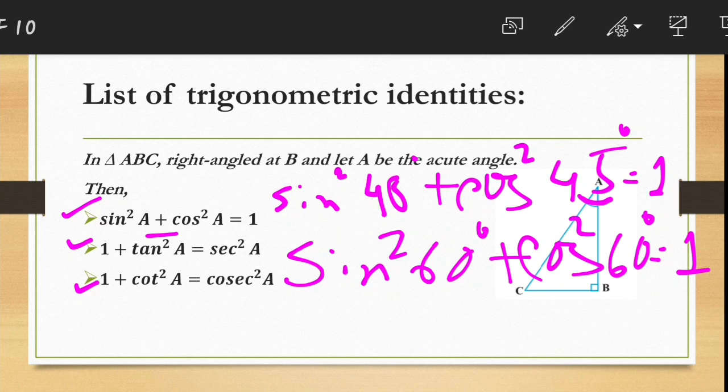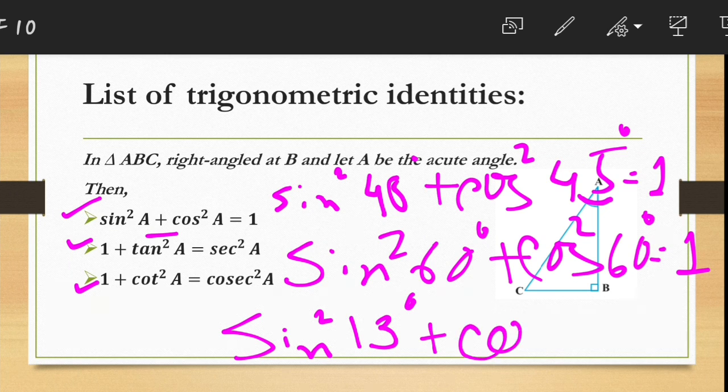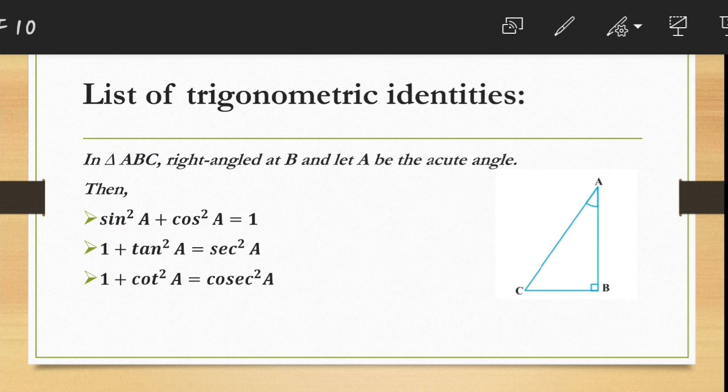Or suppose you don't know the value of sin 13 degrees, right? You can also write sin square 13 degrees plus cos square 13 degrees equals 1. Why? Because cos square A plus sin square A is equal to 1 is the identity. So in place of A, if you put any angle from 0 to 90 degrees, for that angle the value will be 1.